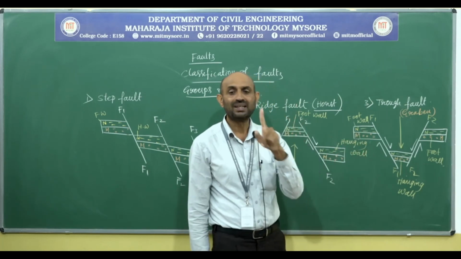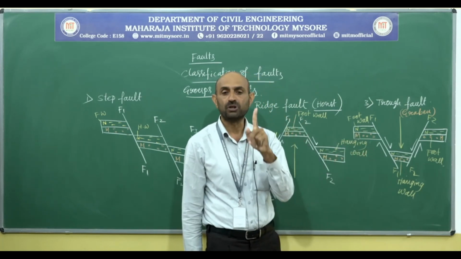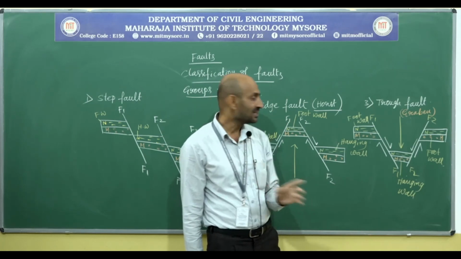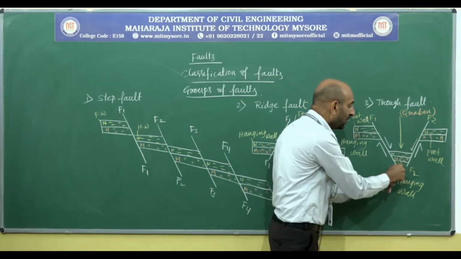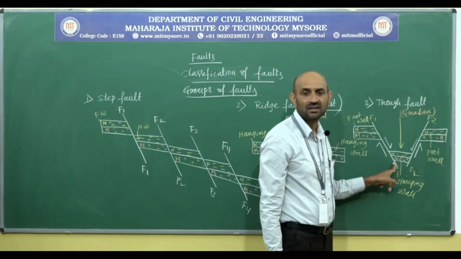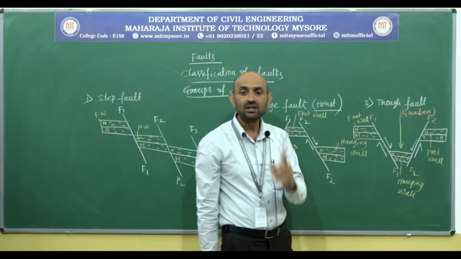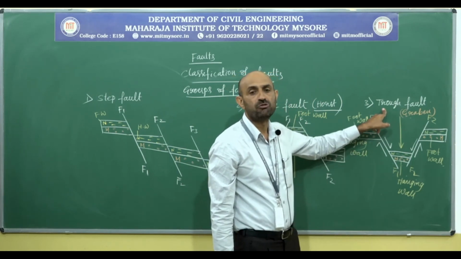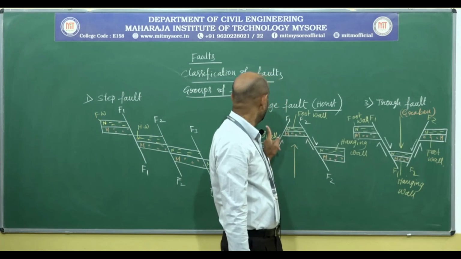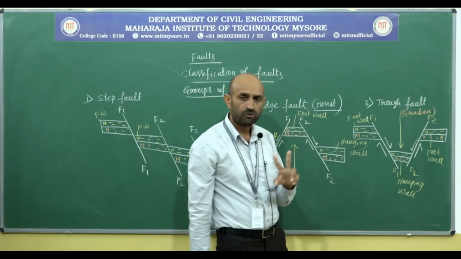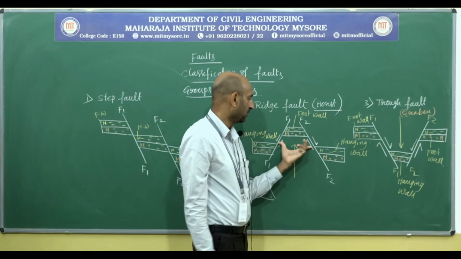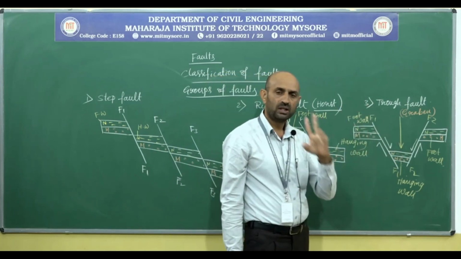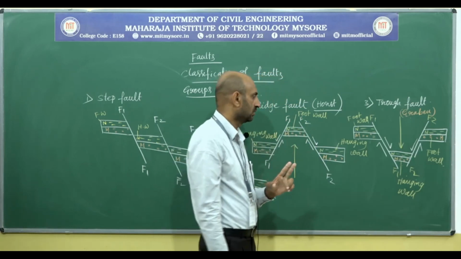What is trough fault? A fault system consisting of a pair of normal faults where both the fault planes are inclined towards each other with a common downthrown block is called a trough fault. In a ridge fault, we find a pair of normal faults. In a trough fault, we find a pair of normal faults.